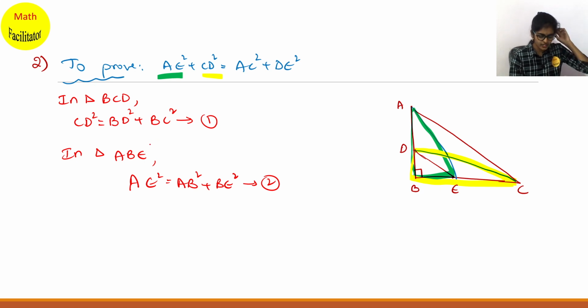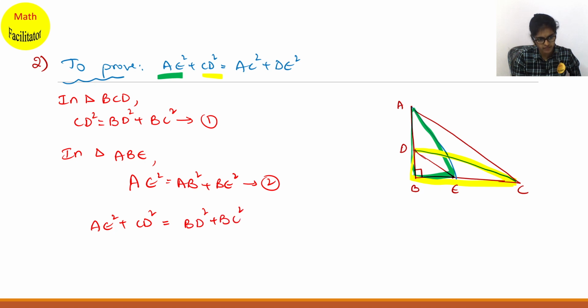So now add these two equations. So AE square plus CD square, I'm adding. What will you get? BD square plus BC square plus AB square plus BE square. Now go back to what you have to prove: AC square plus DE square. Where is AC square?